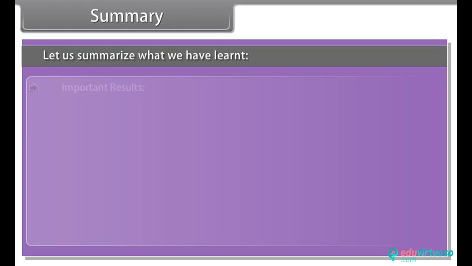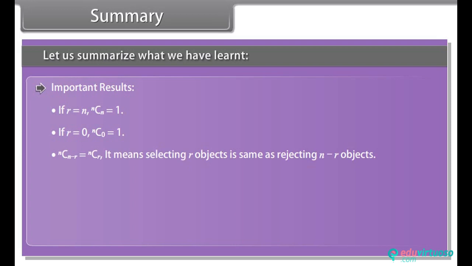Important results. If r is equal to n, nCn is equal to 1. If r is equal to 0, nC0 is equal to 1. nC(n minus r) is equal to nCr.